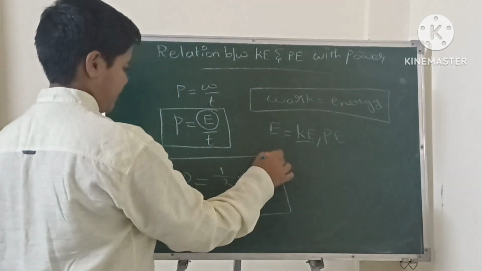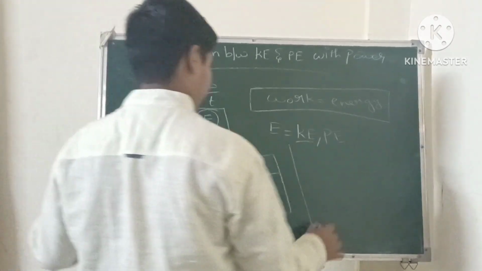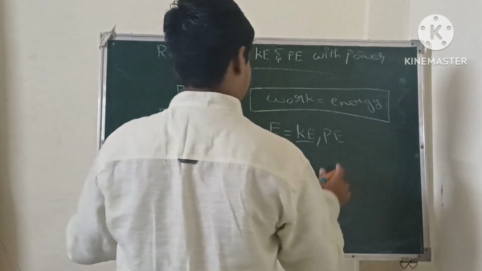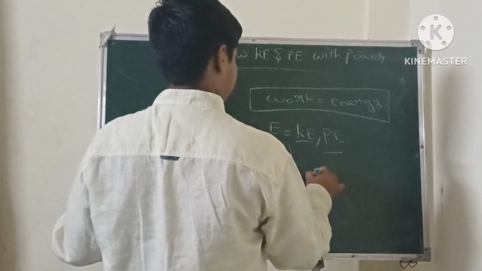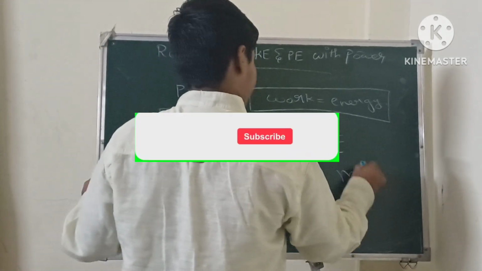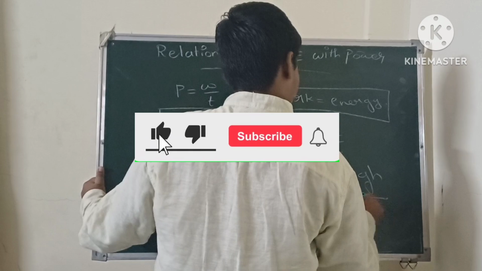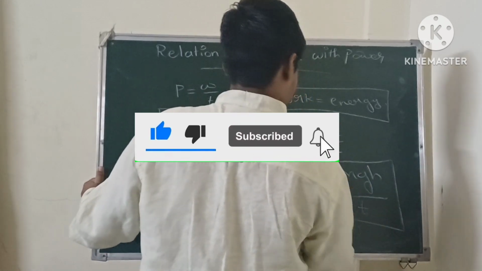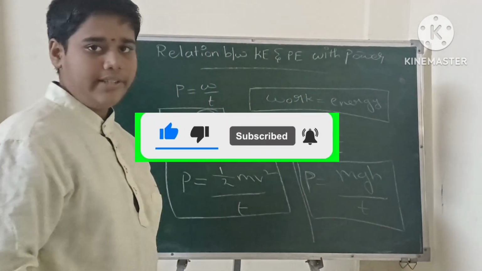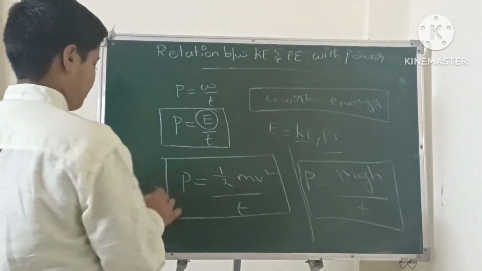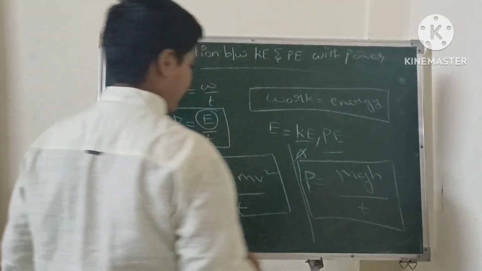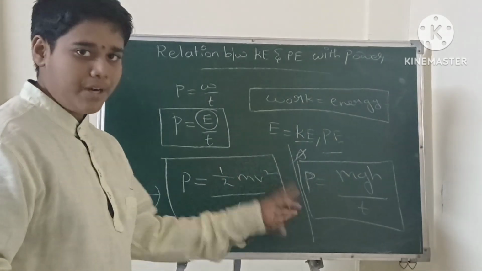This is power in terms of kinetic energy, and another, power in terms of potential energy, means power equals mgh by time. Okay. So these are the power formulas in terms of kinetic energy and potential energy.